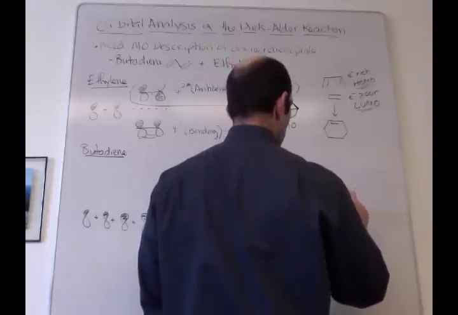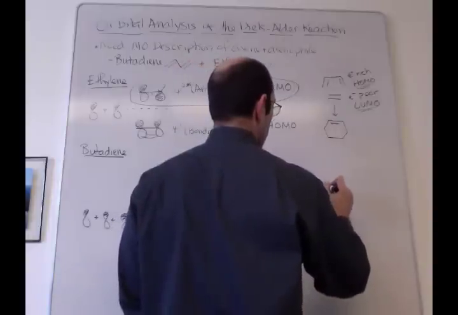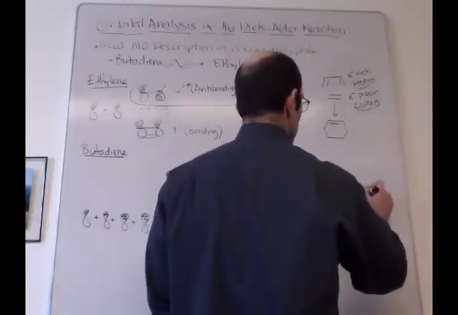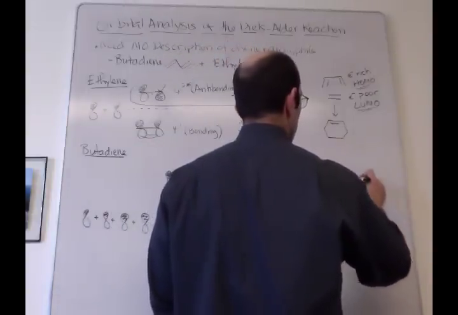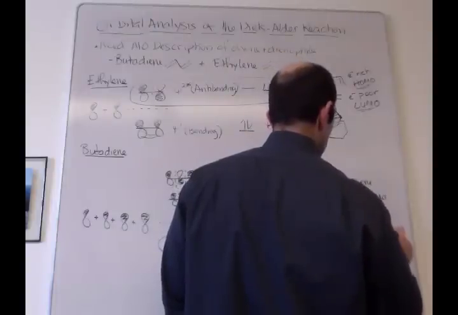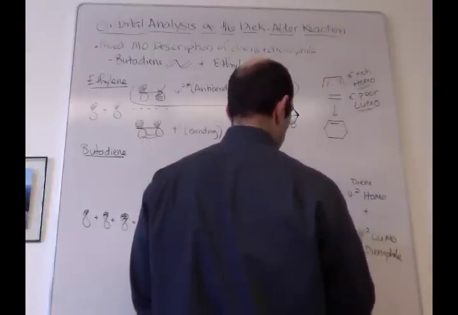psi 2. And if we look at our picture for psi 2, it looks like that. So this is our psi 2 HOMO for the diene. And we're going to react that with the psi 2 LUMO of the dienophile. Right? And what does that look like?